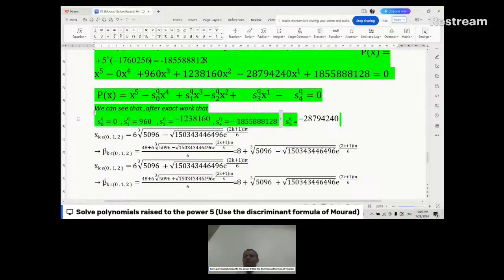Also, we have three other roots, beta subscript k from 0 to 2. You see this is a plus, and this is a plus, but here is a negative sign and here a positive sign. So equal 48 plus 6 times. Why did 6 appear? Because I want to divide and simplify by 6.